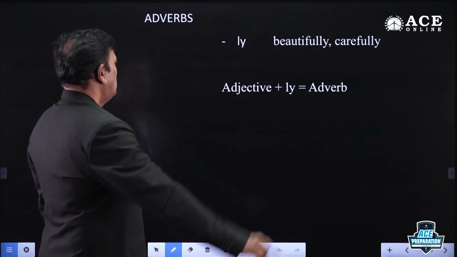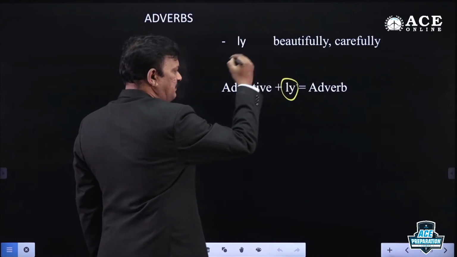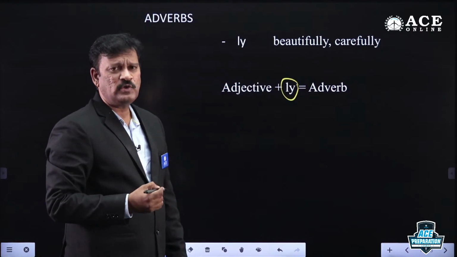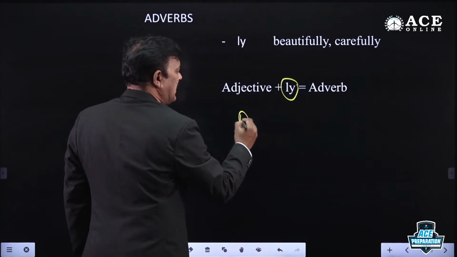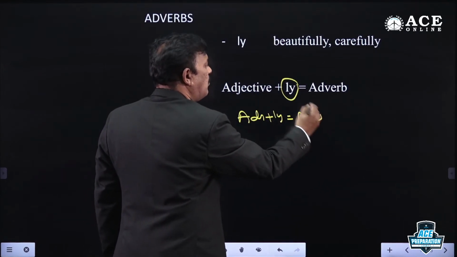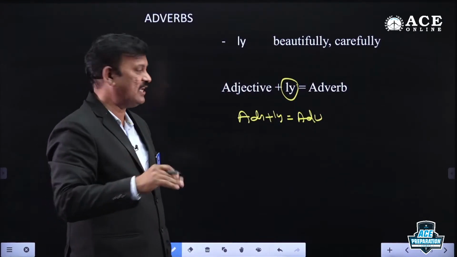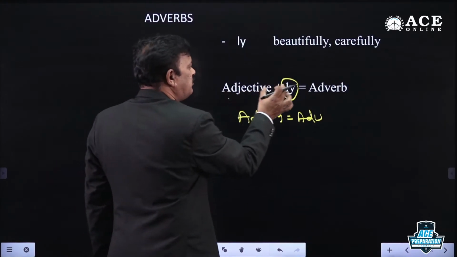Guys, this is another tip here. If you want to frame or identify an adverb, it is adjective plus ly. Most of the adverbs, not necessarily every time, are adjective plus ly.